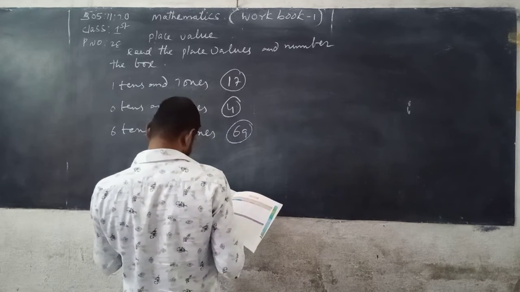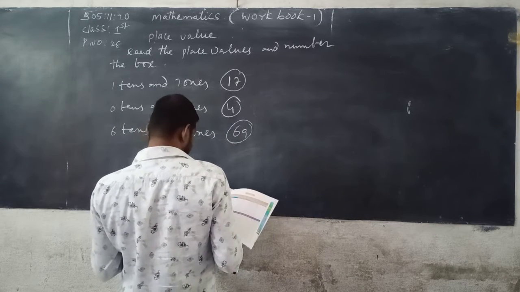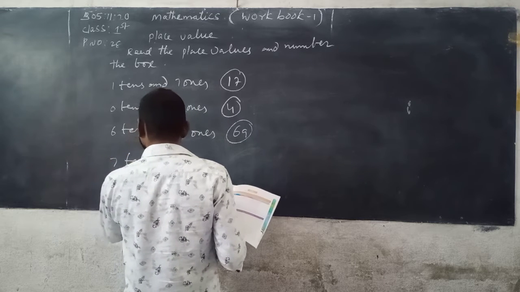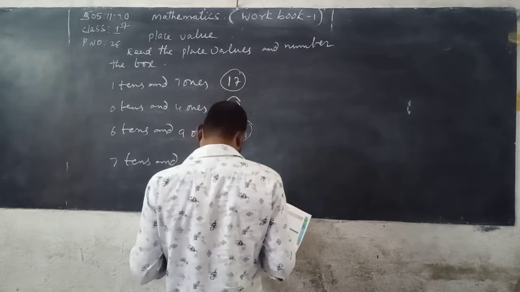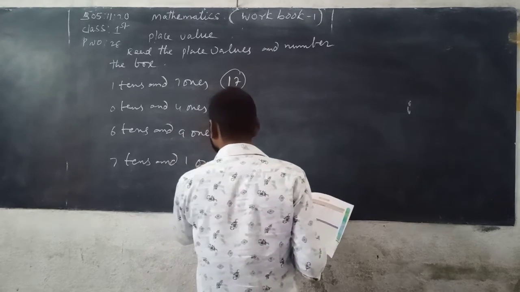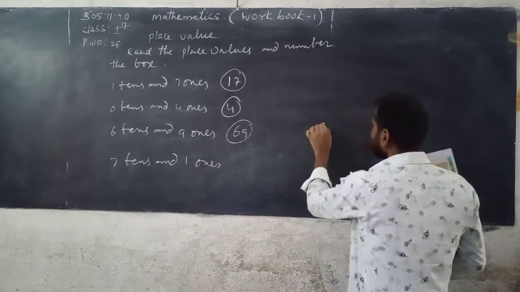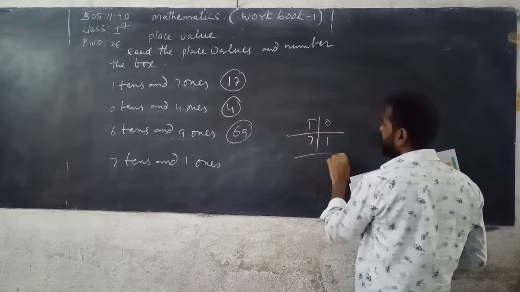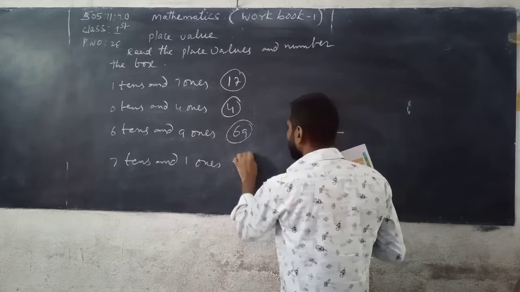Next, 7 tens and 1 ones. See here, listen carefully. Ones place, tens place. 7 is in tens place, 1 is in ones place. The given number is 71.